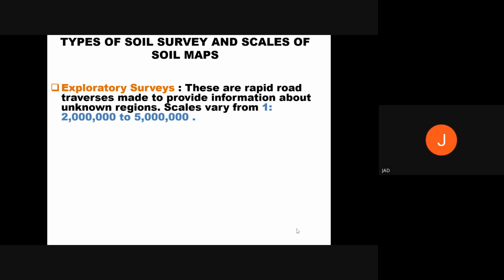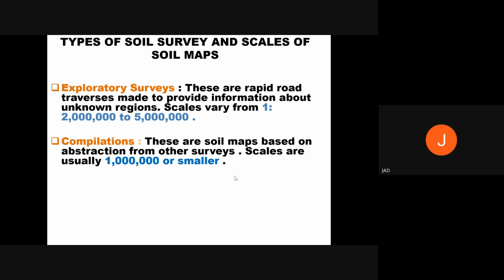Yeah, that is true. But then what it means is that if you use your ruler to measure 1 centimeter on the map, it represents 20 kilometers on the ground. Then 5 million is 50 kilometers. Are you getting it?